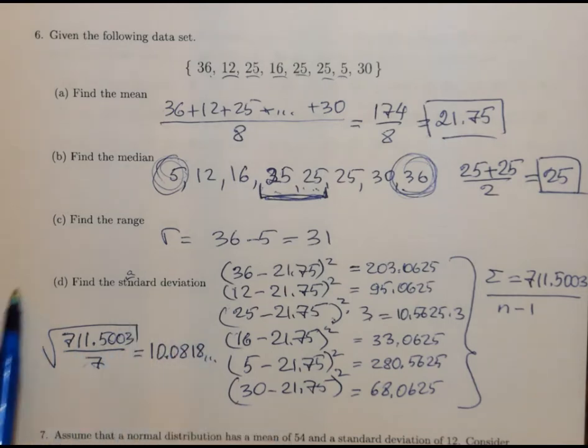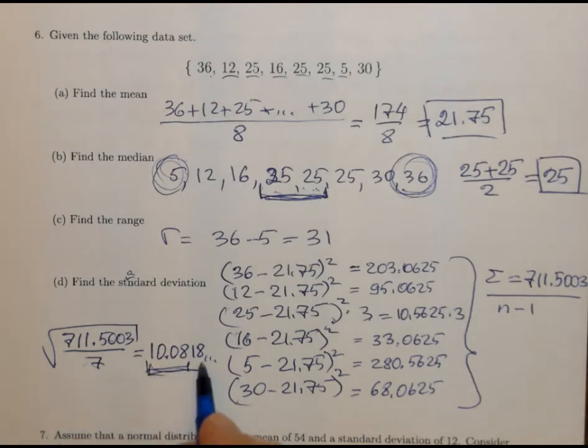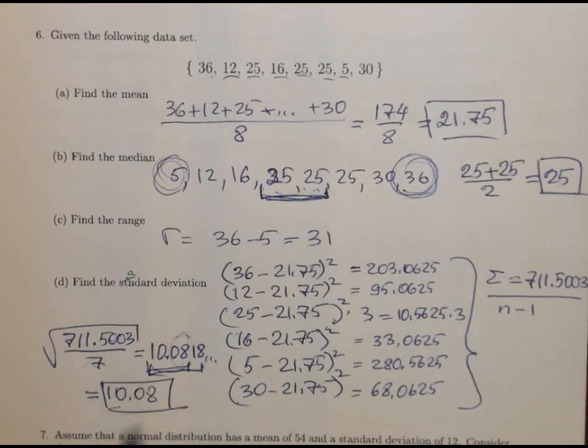Then we look at what is asked in the problem, how many digits after the point we should take, and we round. Suppose that we have to round to 2 decimal places. It means we take 0 and 8 after the point: 10.08, the standard deviation.